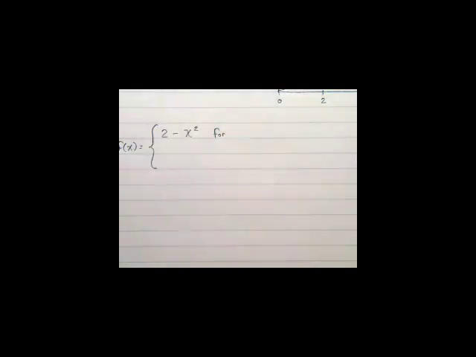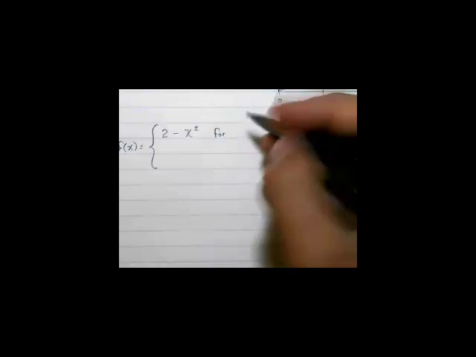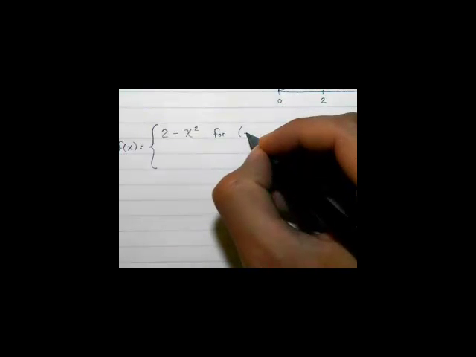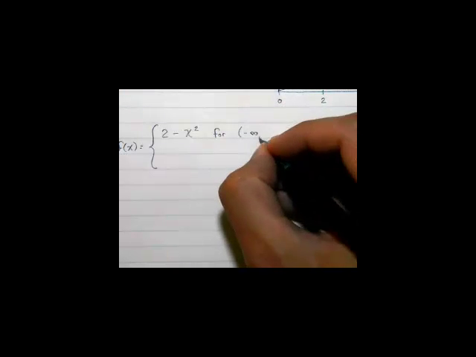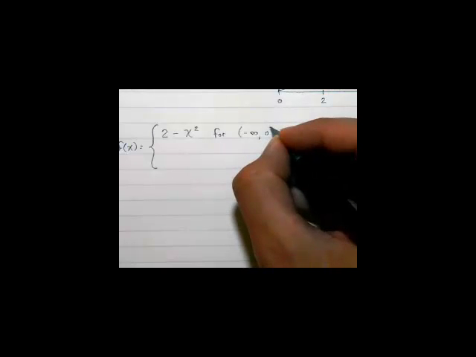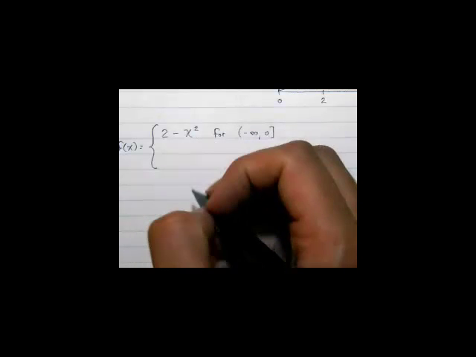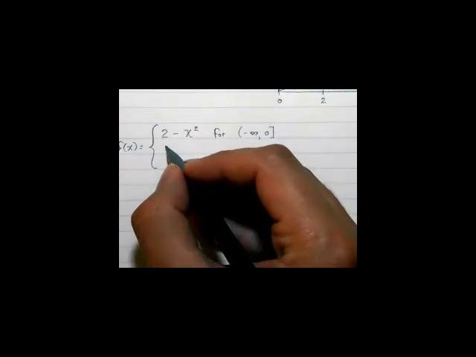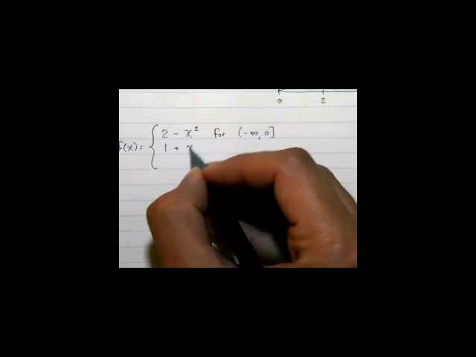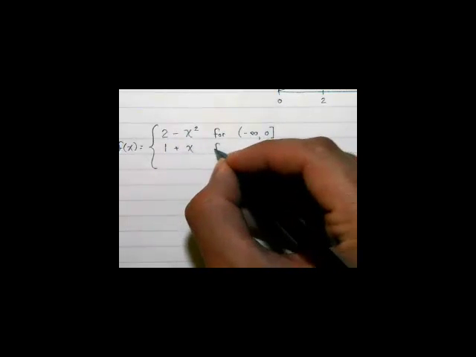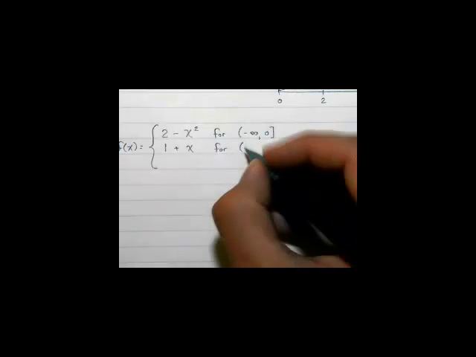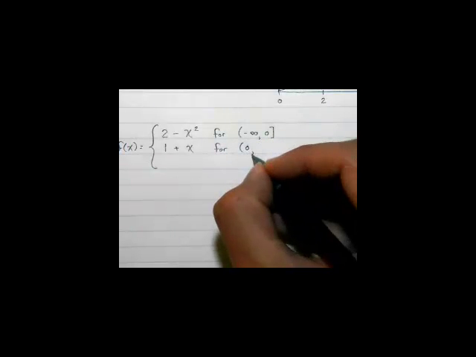So let's do 2 minus x squared for negative infinity to 0, and let's include the 0 on that one. And then we'll do 1 plus x from 0 to 4. Include the 4 on that one.